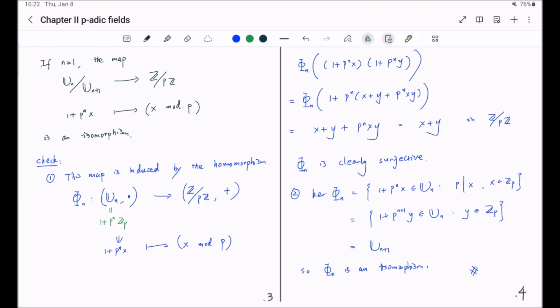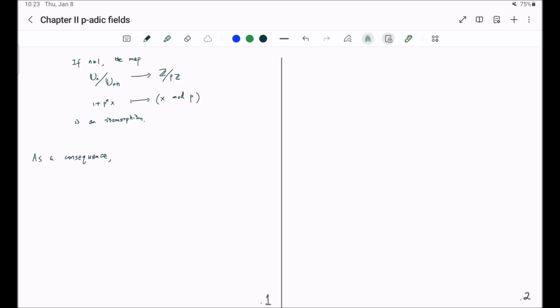And this verifies this property for the filtration U sub n. Namely, the quotient of two adjacent U sub n's is isomorphic to Z mod pZ, with multiplication in here identified with the addition here. Now, as a consequence, by induction on n, U_1 modulo U_n has order p to the power n minus 1.